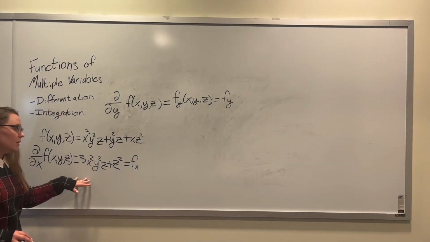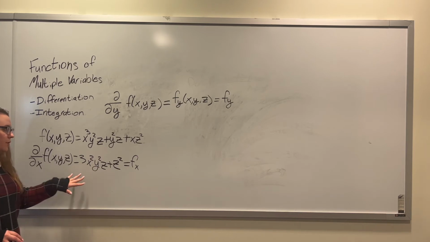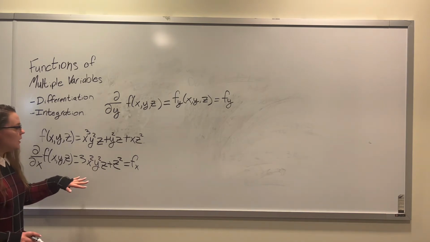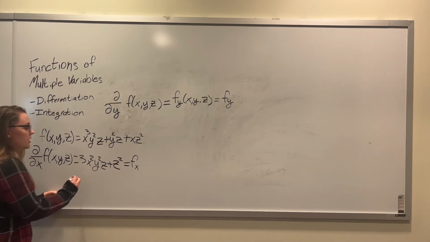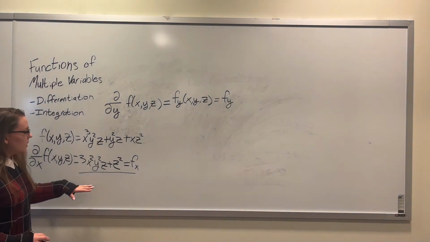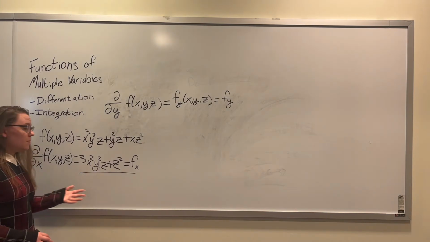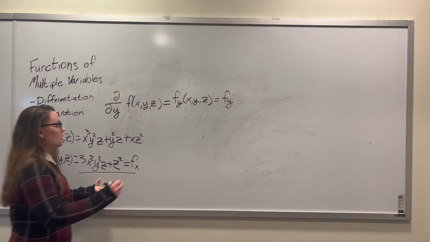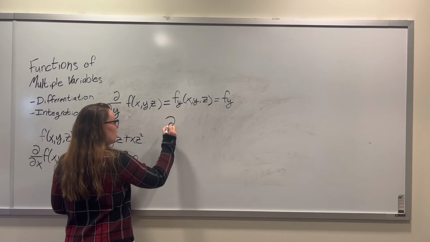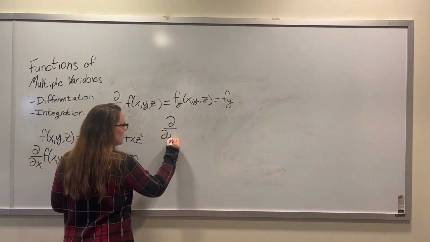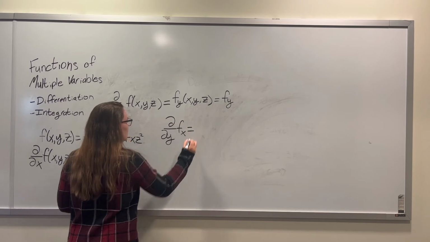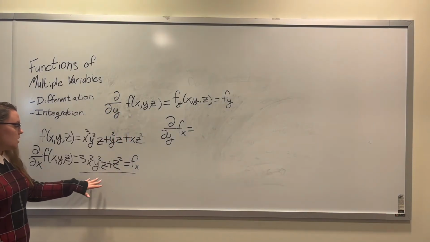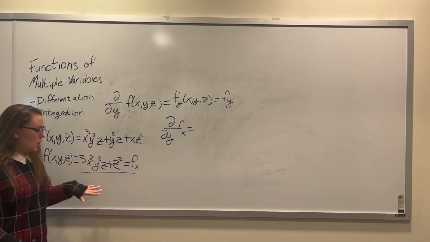The other thing that we can do with differentiating like this is we can now take the partial derivative of this function here with respect to some other variable. If we wanted to take the partial derivative with respect to y of f sub x, we would look at this function here and we would treat x and z as constants.